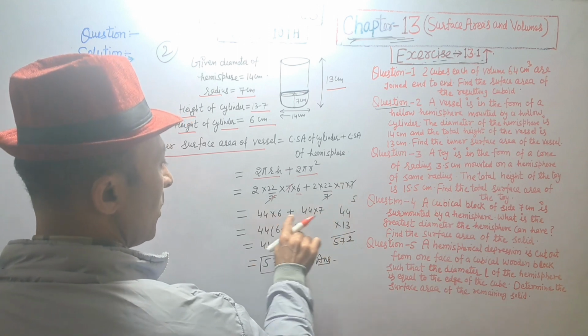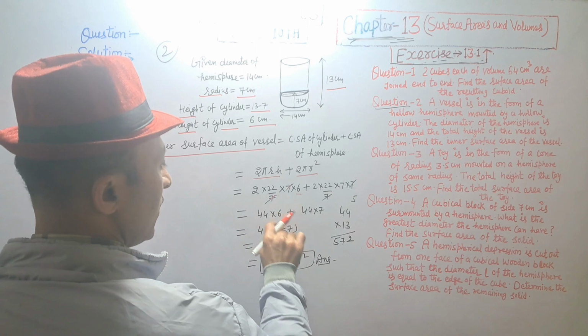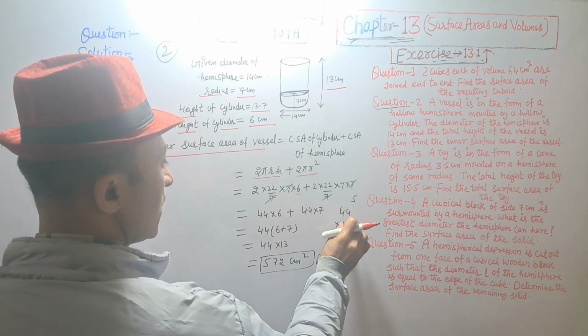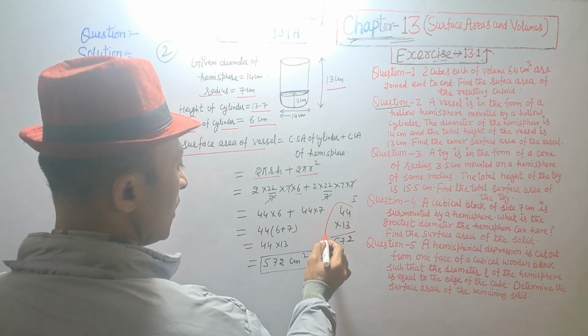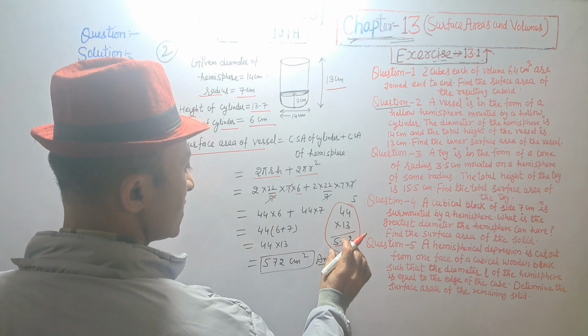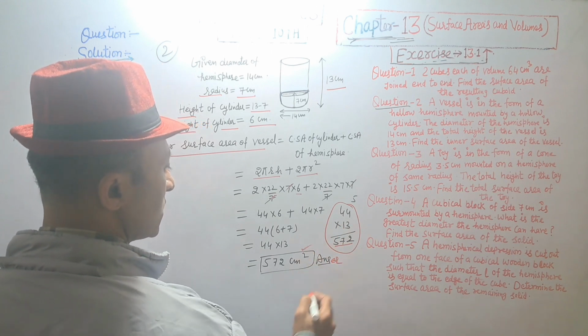We are taking 44 common, and in bracket 6 plus 7. 6 plus 7 is 13, and multiplying 44 and 13, we get 572 centimeter square. Answer.